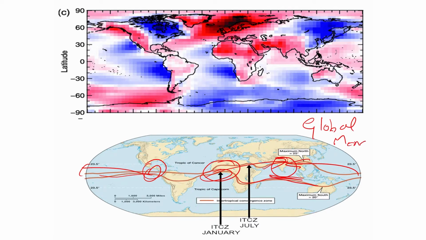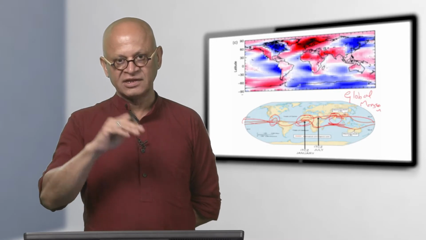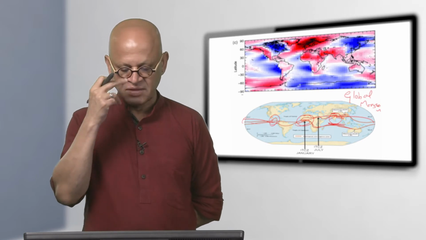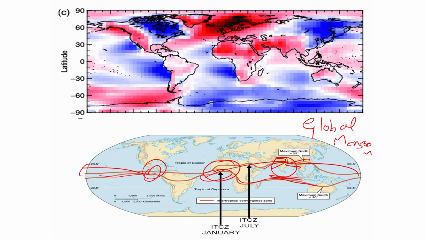As we said before, they are not as dramatic as the Indian monsoon, but nonetheless every time you change the direction of winds because of ocean land heating differences, now we are calling them monsoons.